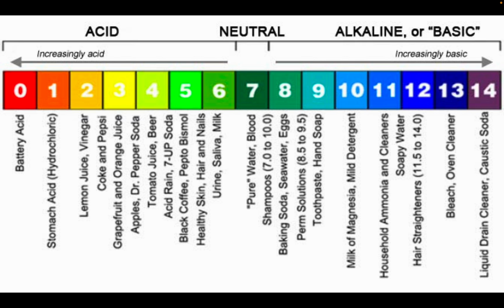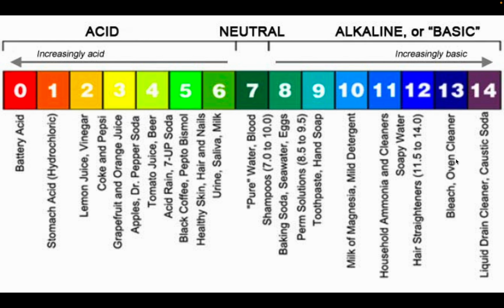Okay, and then this is a slide just showing you various substances and where they sit on the scale of pH. Note that this is pH 0 down here, and these are things that are very acidic, like battery acid or stomach acid or lemon juice or vinegar. On this side, we have things that are very, very basic or not acidic, like liquid drain cleaner, caustic soda, bleach, oven cleaner.